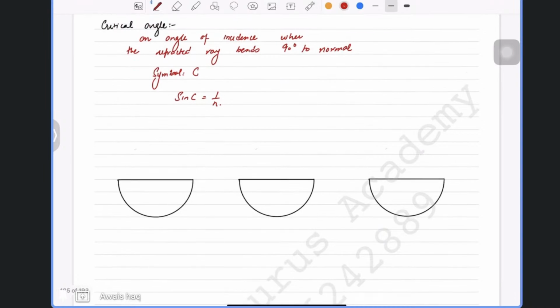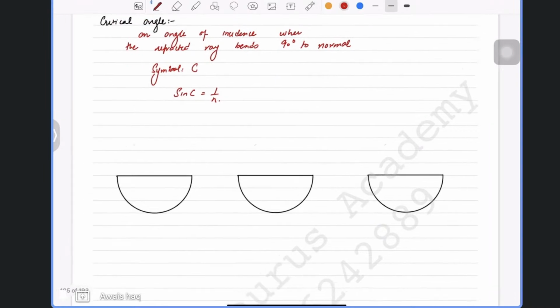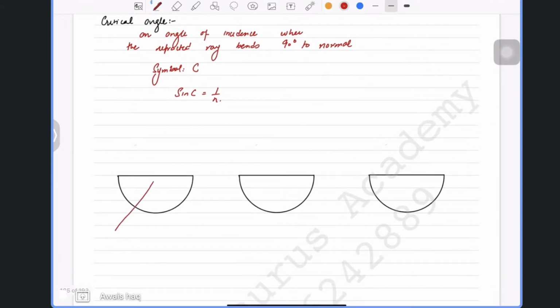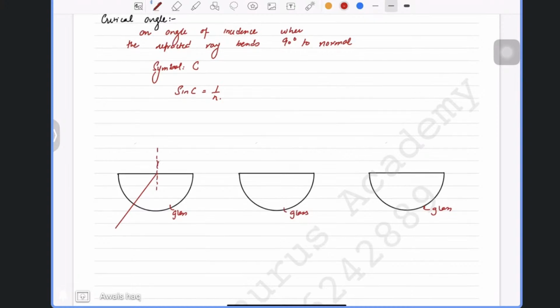So let's look at it. For example, suppose a ray was coming into glass like this. So this is glass, just to show you that it's more dense. Normally, if the angle of incidence is less than the critical angle, then this ray would bend like we know normally it does.